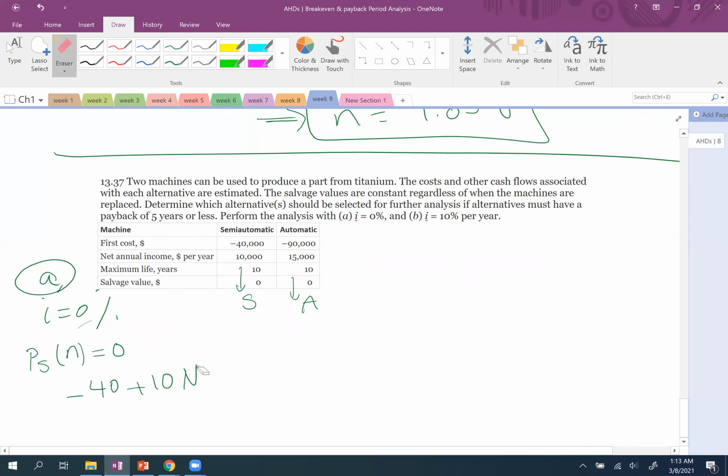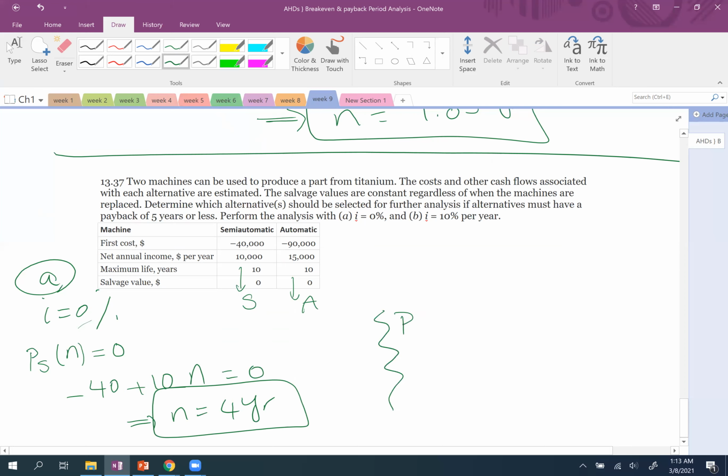Let's just use small n, and set it equal to 0. So n will be 4 years. But for the automated scenario, I have to calculate the present worth, set it equal to 0, and present worth of A will be negative 90 plus 15 times n.